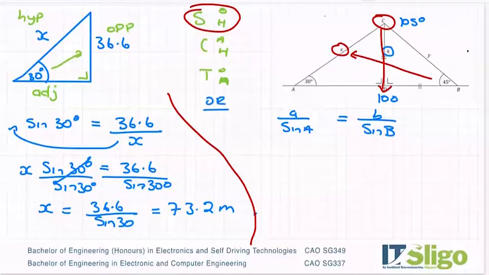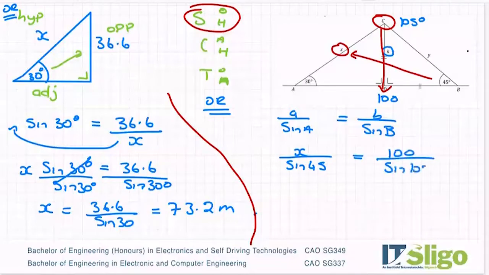So these are all different ways of doing the exact same thing. So let's see what we get here. X over sine 45 equals 100 over sine 105 degrees. Cross multiply. So I have X sine 105 being equal to 100 sine 45.